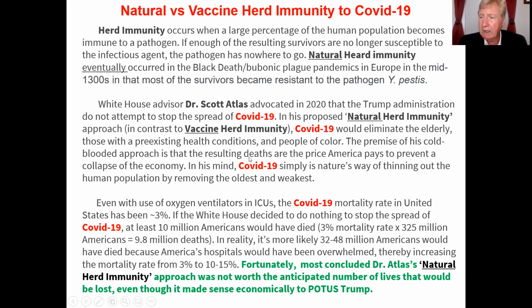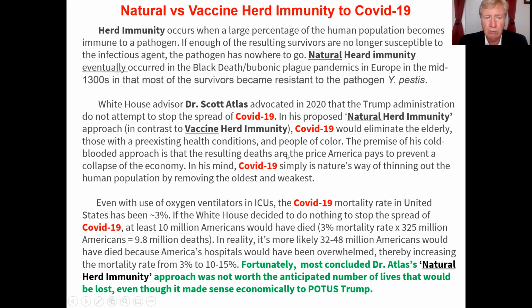Now, the chief White House advisor for President Trump was this man, Dr. Scott Atlas, and he advocated last year that the Trump administration not attempt to stop the spread of COVID-19. And his approach, natural herd immunity, in contrast to vaccine herd immunity, would eliminate the elderly and those with pre-existing health conditions and people of color.